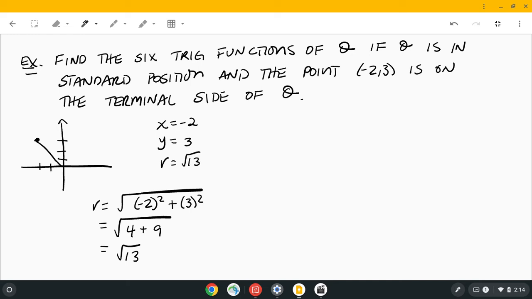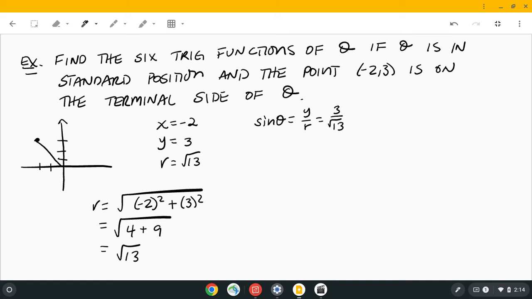And once you have all three of these values, then you can come up with all 6 trig functions. Okay, so we know sine theta, which is y over r, is going to be 3 over square root 13.